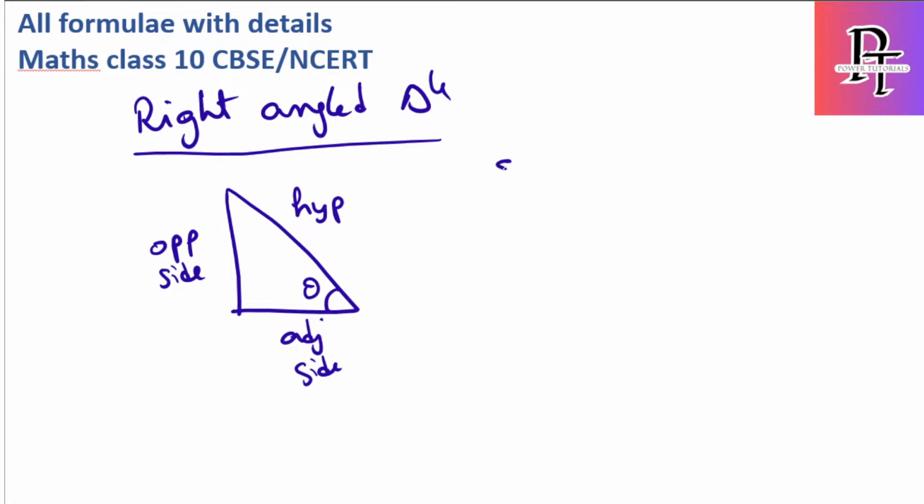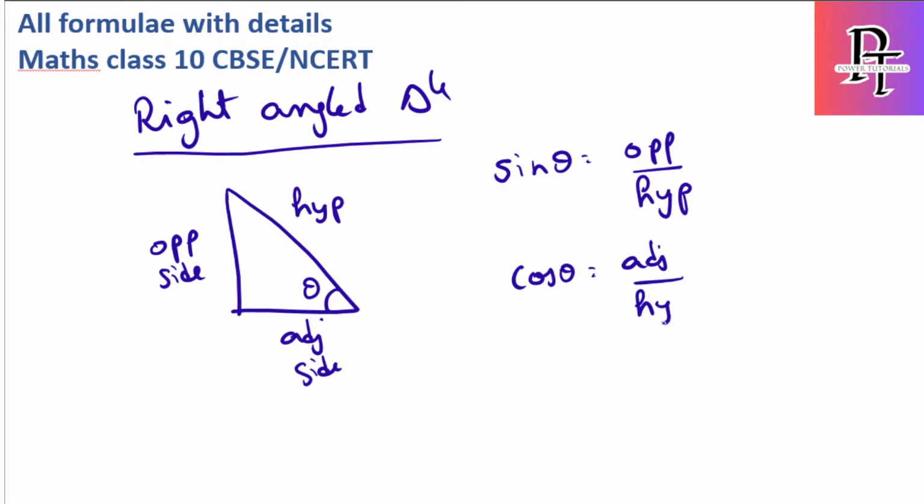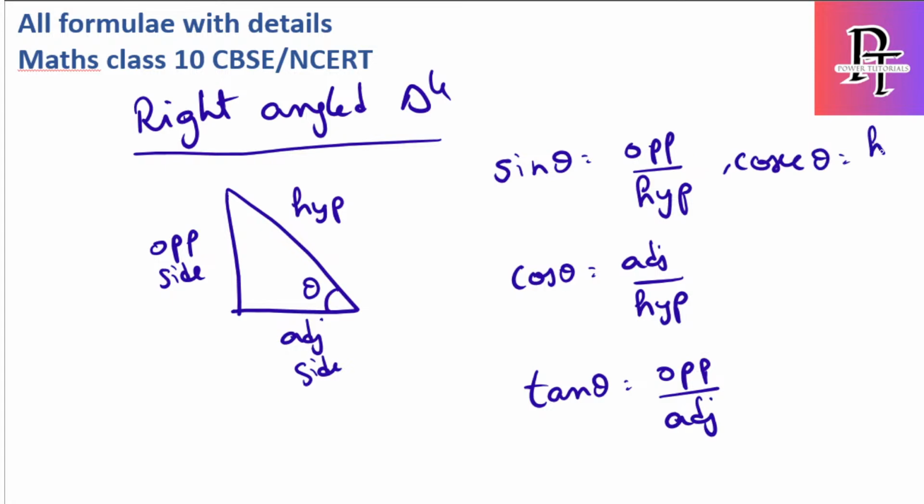So what is sin theta with respect to the triangle? Sin theta is opposite side by hypotenuse. Cos theta is adjacent side by hypotenuse. Then tan theta is opposite by adjacent side. Just reversing, you can also write the others. Cosecant theta is nothing but 1 by sin theta, so here it will be hypotenuse by opposite.